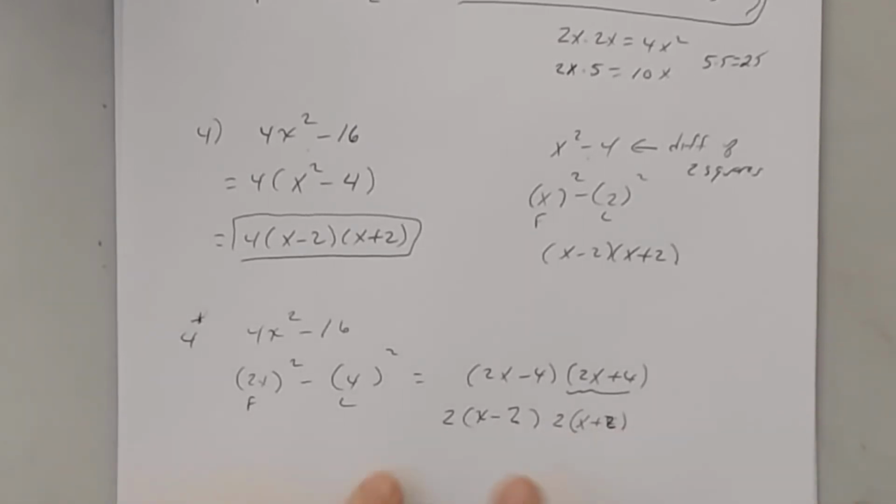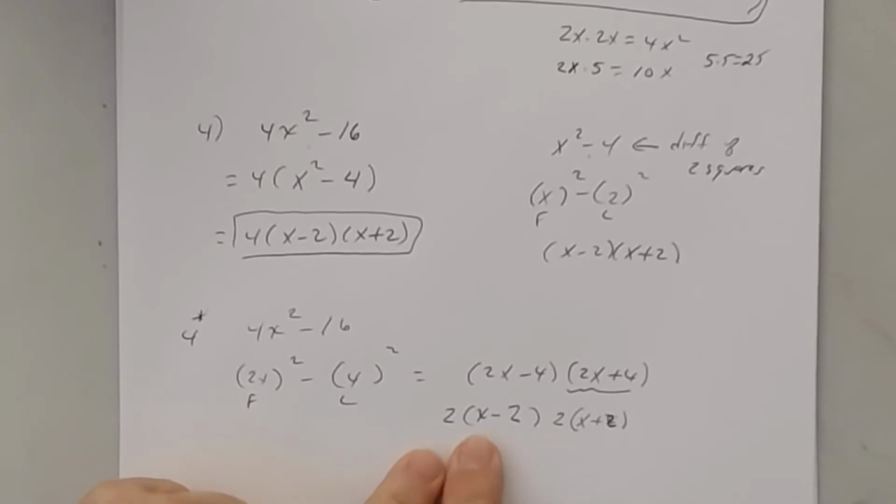So right now, if you look at this, it's read as 2 times x minus 2 times 2 times x plus 2. So how many factors do you see all together? 4: 2, x minus 2, 2, and x plus 2.